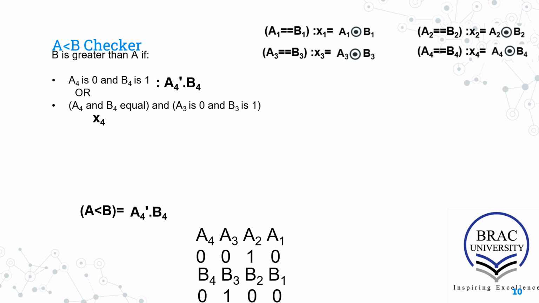So X4 and A3 is 0, so A3 bar, and B3 is 1, so B3. So it's separated by an or, because this is one condition or this is the other condition, and this will be the second term of our equation.